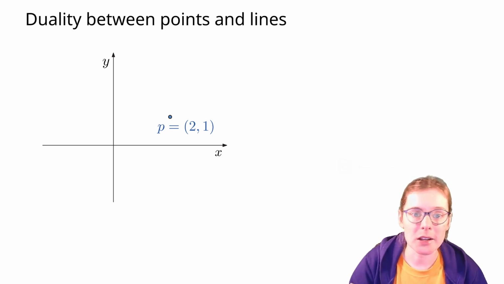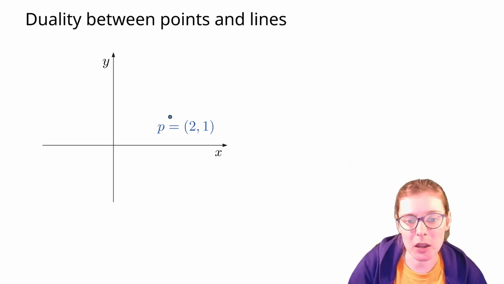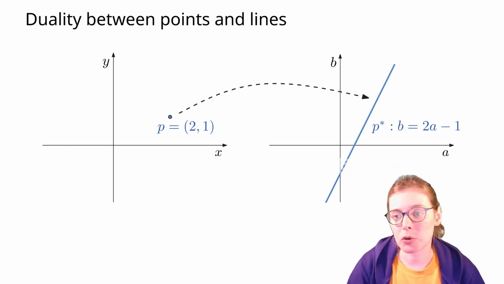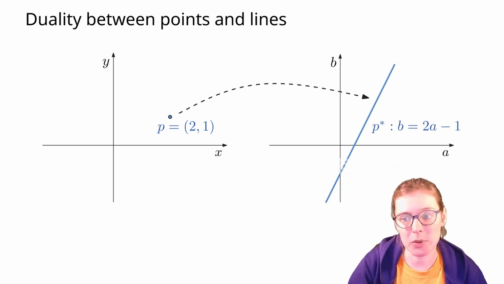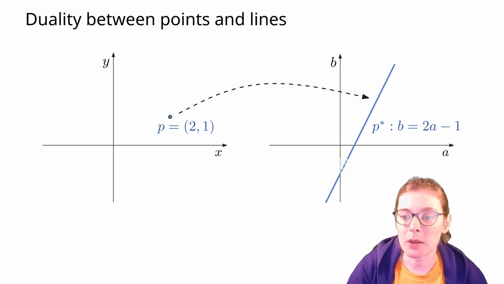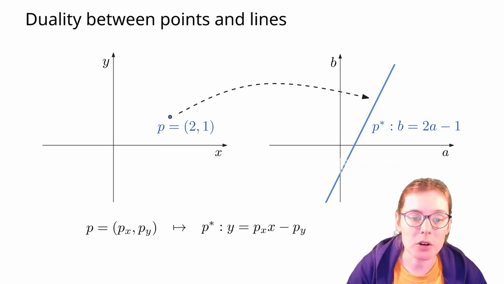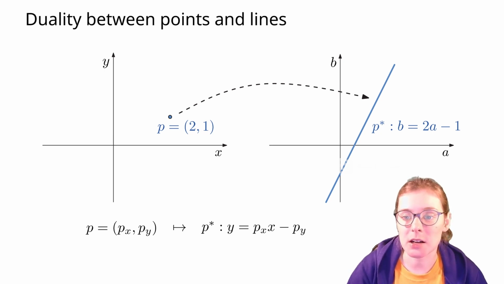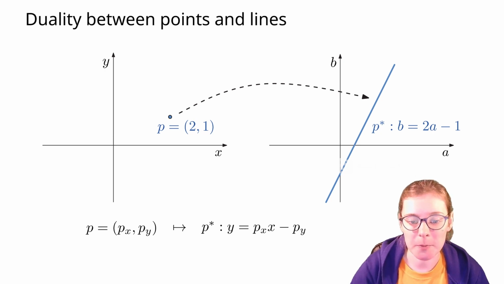Then we will construct a dual plane with the system of coordinates, let's say a and b, and in it we will define a line b equals 2a minus 1. So you see we use the x and y coordinates of the point P to create a dual line P star in the dual plane.